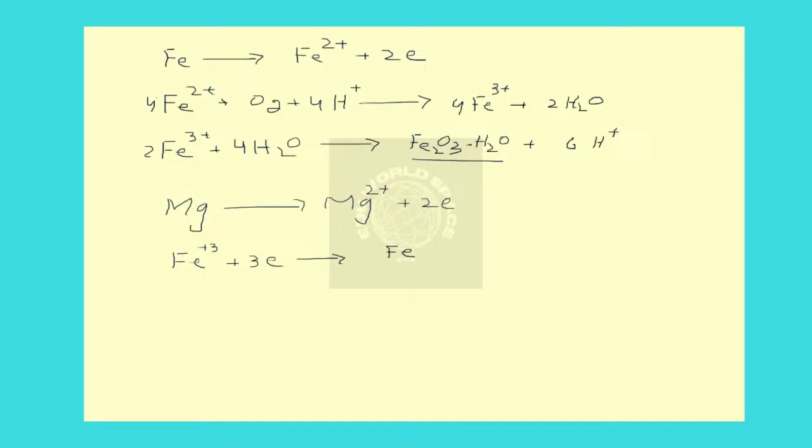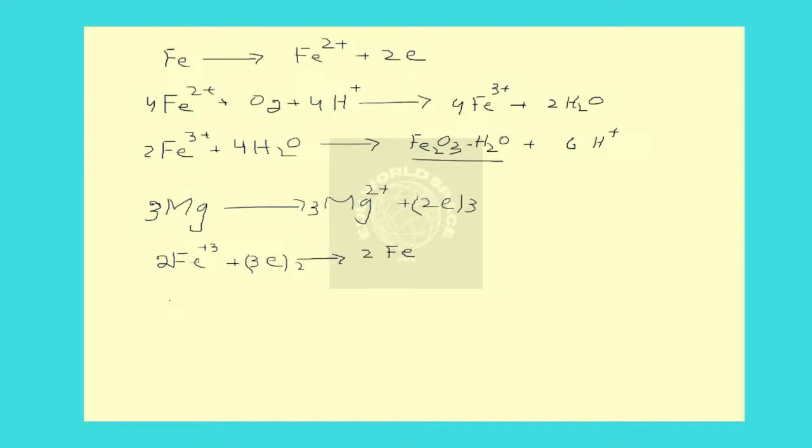To make the reaction balanced, we will multiply the magnesium and the number of electrons released by magnesium with 3, and the iron and the number of electrons gained by iron with 2, so the reaction will be balanced.